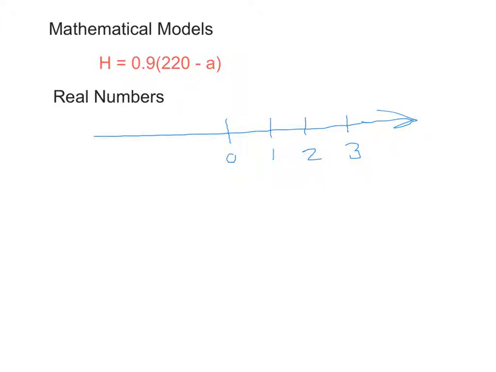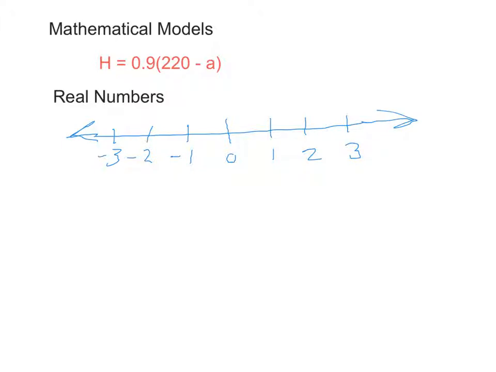Now, numbers to the left of 0 represent negative numbers. So the first number to the left of 0 is -1. Then we've got -2. Then we've got -3. And these continue on infinitely to the left for all the negative numbers.